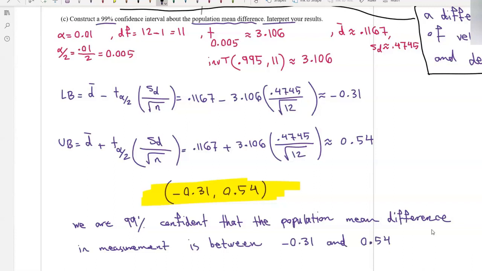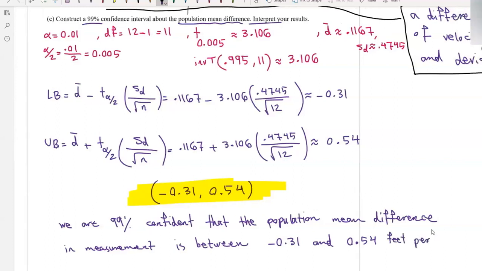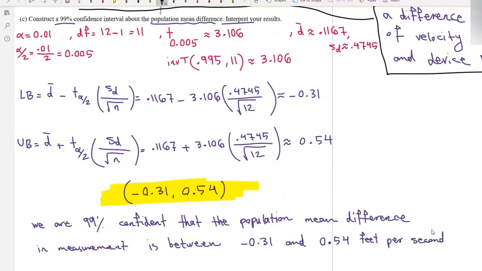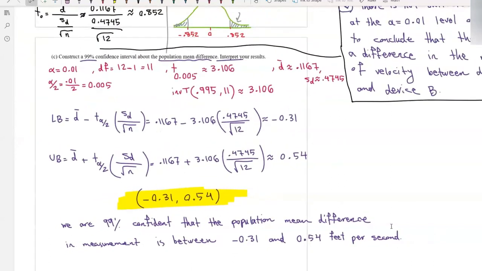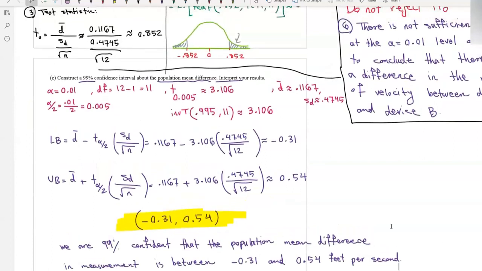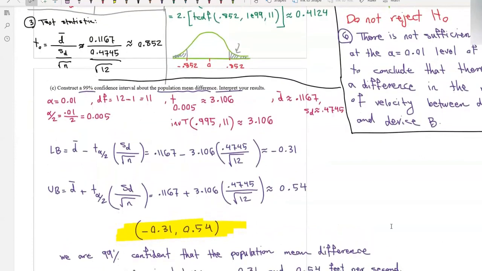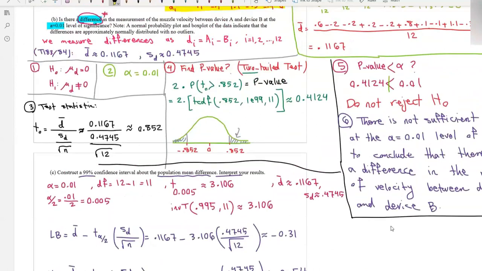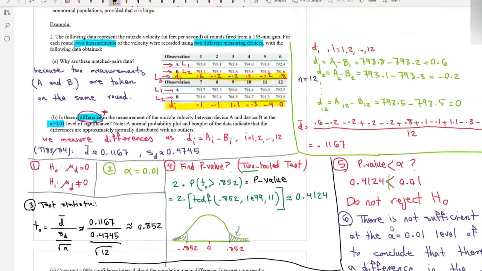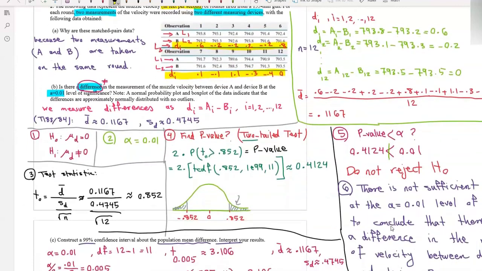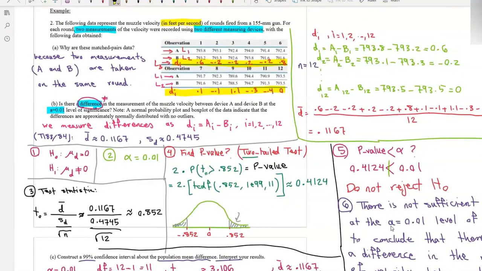And this was in feet per second. Okay, I use this one that we have, feet per second, to write this part here.